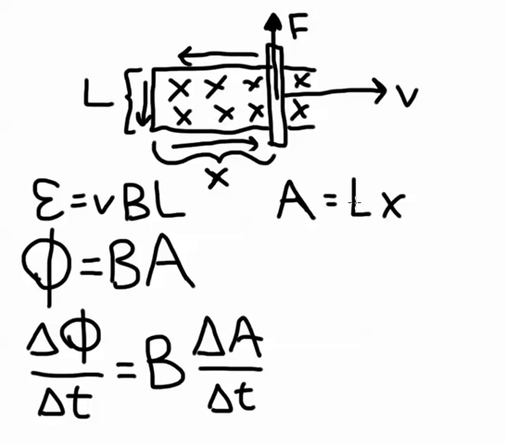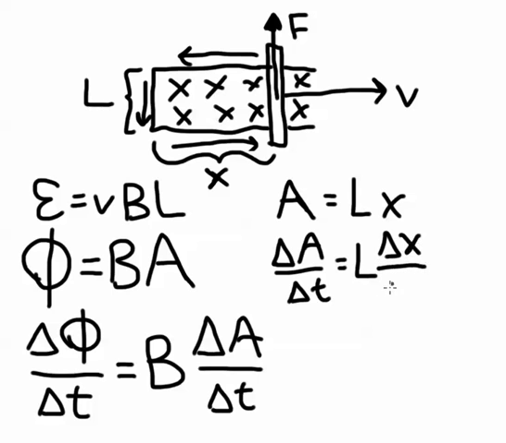So which of these is changing? Well, L is not changing, but x is changing. So the change in area per unit time is equal to L times the change in x per unit time. But delta x over delta t is just v, the speed of the bar. So that is equal to Lv.